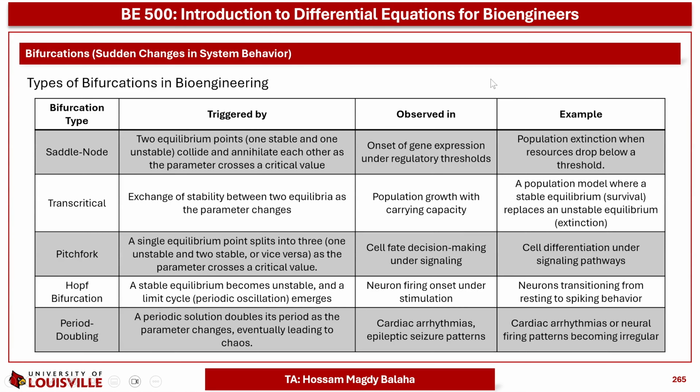There are many types of bifurcations in bioengineering, such as saddle node, transcritical, pitchfork, or Hopf bifurcation, and we are going to cover them one by one and understand the meaning behind each of them and the graphical presentation of that system.